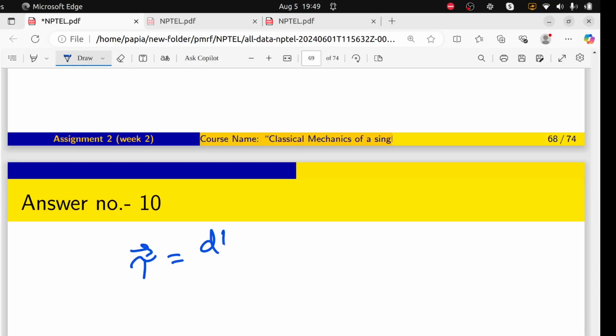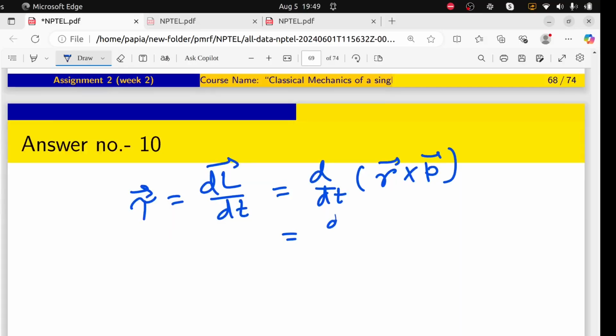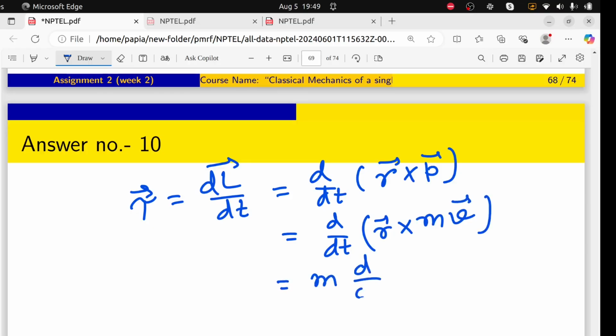Torque is dL/dt. And what is L? L is R cross P. What is R cross P? d/dt of R cross mV. So if I take m out, then d/dt of R cross V.